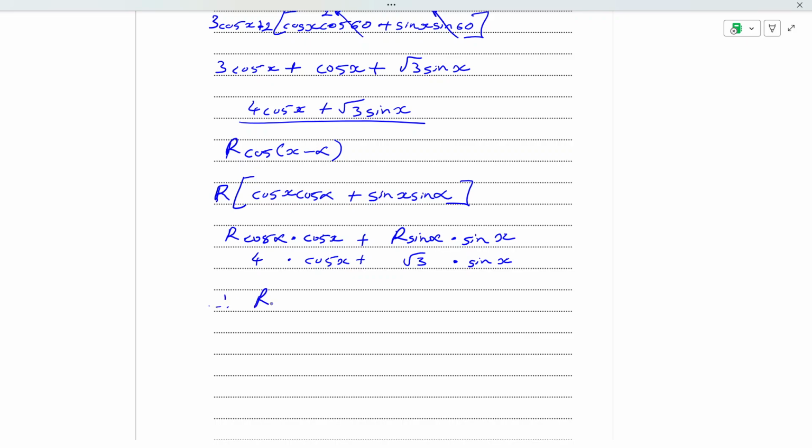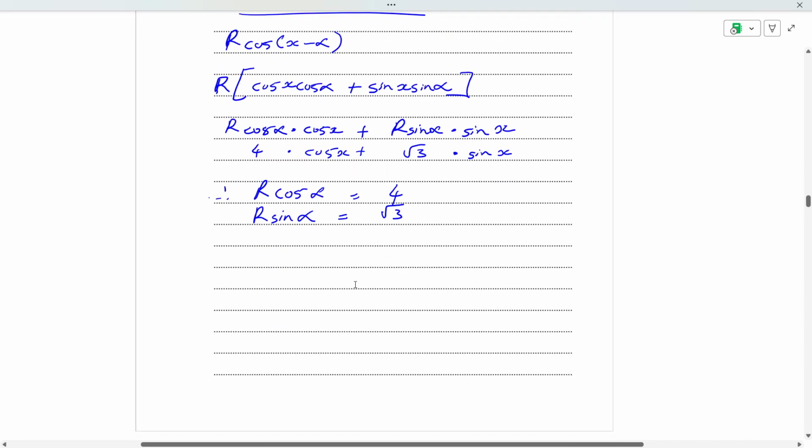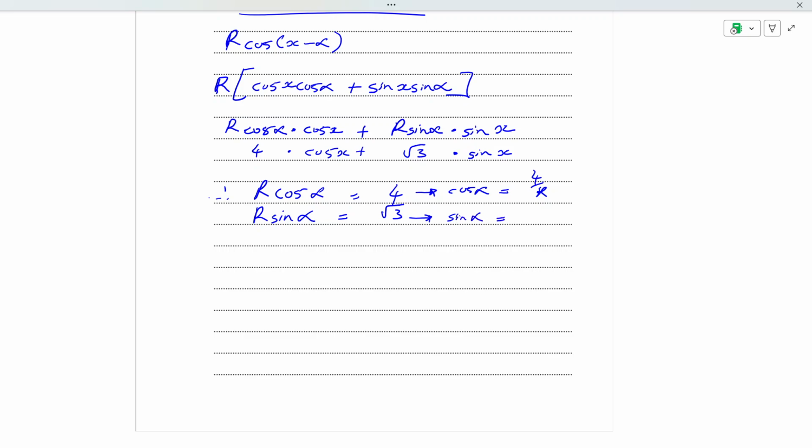Therefore we know that r cos alpha is equal to 4, and r sine alpha is equal to root 3. Using these two, we could even form a triangle. So cos alpha is equal to 4 over r, and sine alpha is equal to root 3 over r. You can draw a small triangle so that you can picture what's going on.